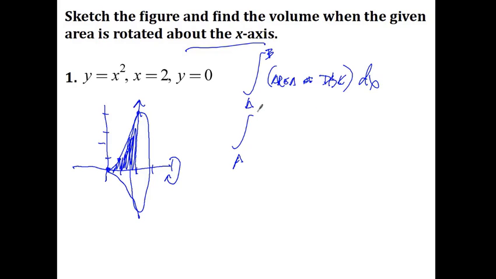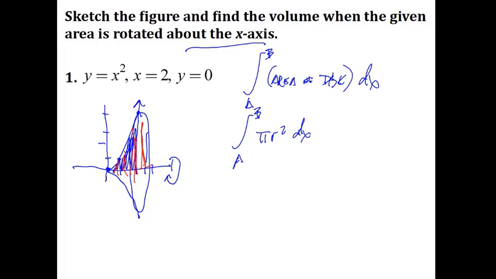Okay, and remember the area of a disk is pi r squared. So our radius, remember we said, is defined by the function. The radius of each of these disks is defined by the function.